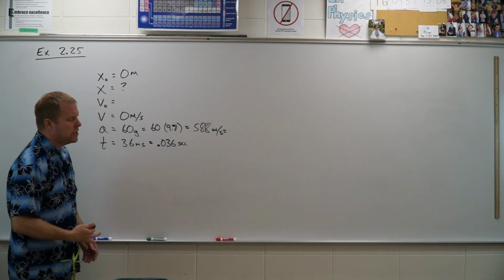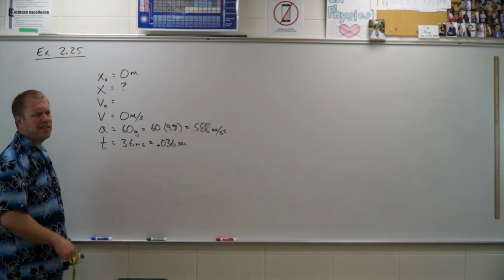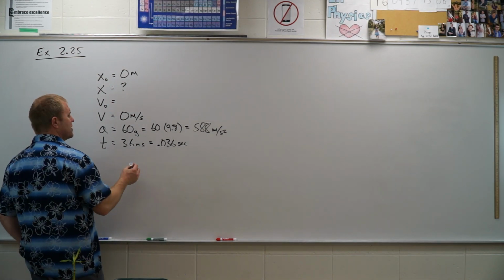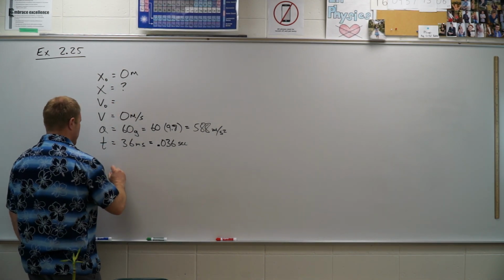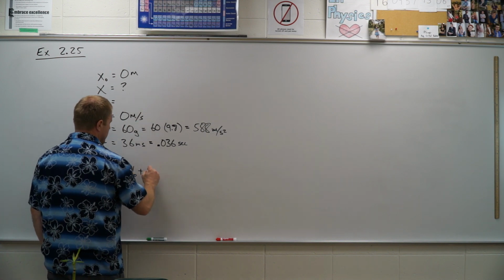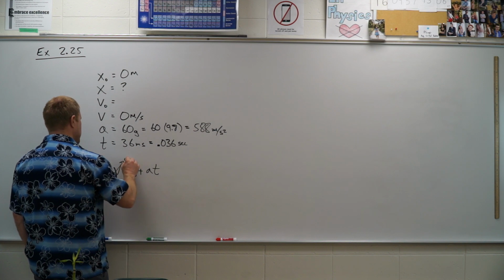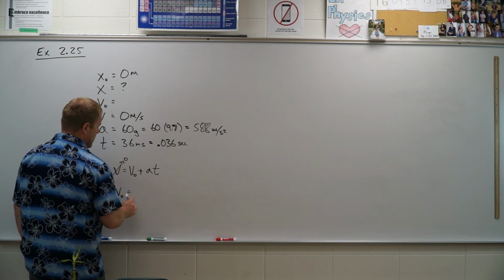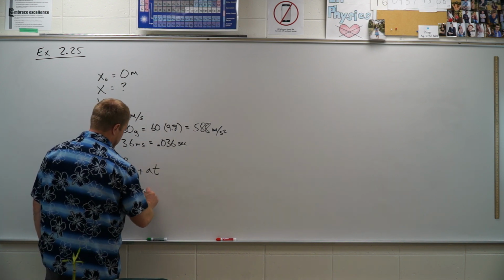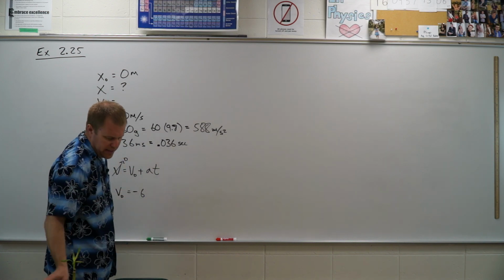Actually, let's not do the tricky tiger trail, just for kicks. So I have to find v naught. I'm like, okay, v equals v naught plus at. And v was 0, so v naught was equal to negative 588 times 0.036.